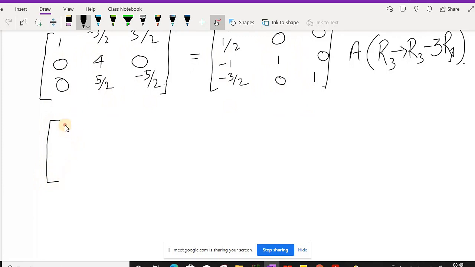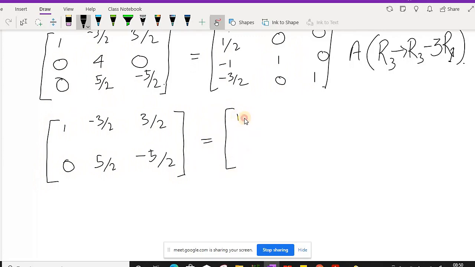So R1: 1, minus 3 by 2, 0; 5 by 2, minus 5 by 2; equal to, you have to keep as it is, 1 by 2, 0, 0, minus 3 by 2, 0, 1. And you have A here.